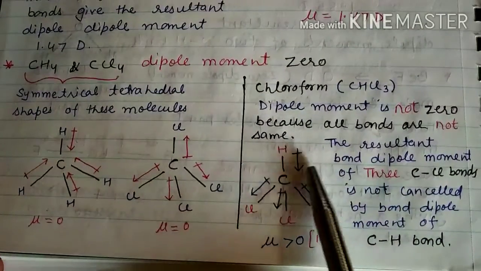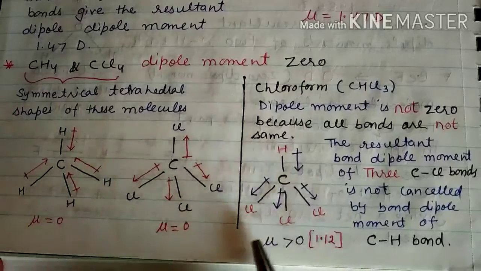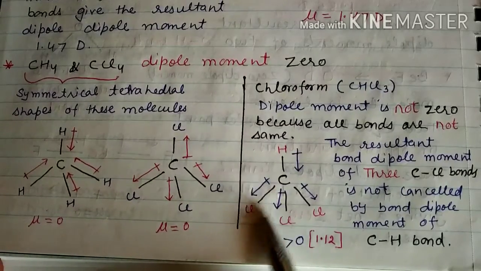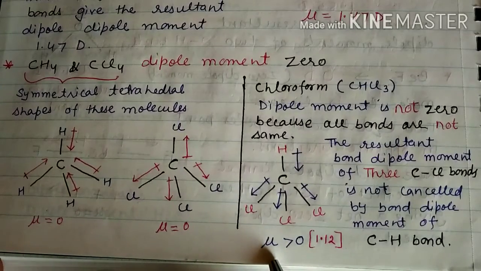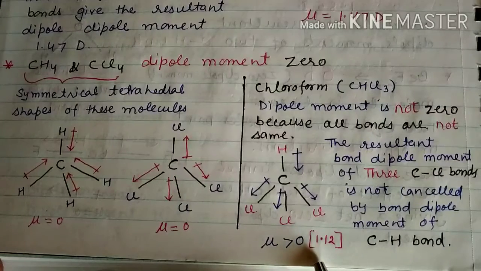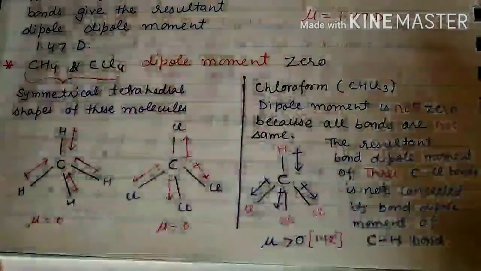You can say the 1 CH bond is pointing downwards and the 3 CCl bonds are pointing downwards, so they are in the same direction. That's why the value of the dipole moment will not be 0. It will be greater than 0, and it has been observed that the dipole moment of chloroform, CHCl3, has a value of 1.12 D.